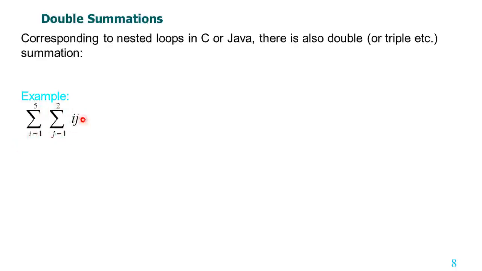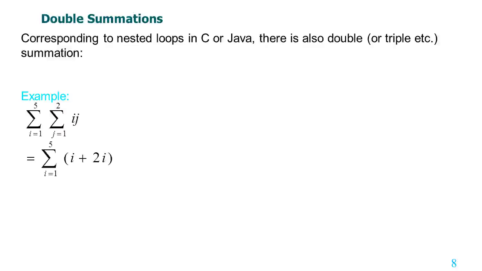This is the inner summation, this is the outer summation. That means this can be represented as an inner loop and an outer loop. We implement it using C or Java programming language. So in this way we can calculate.